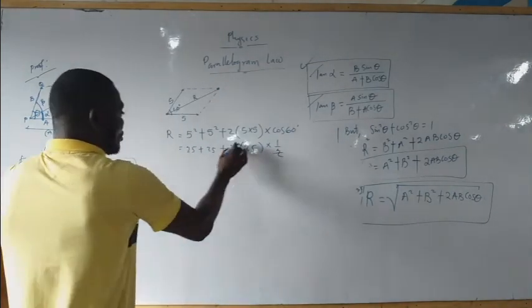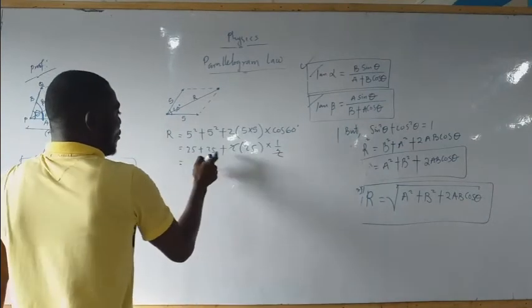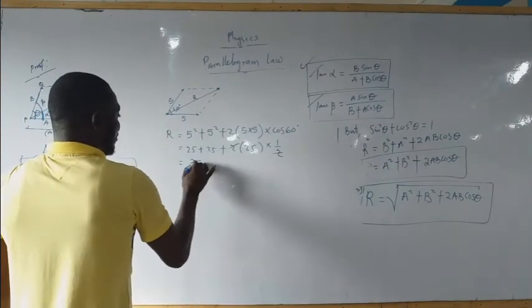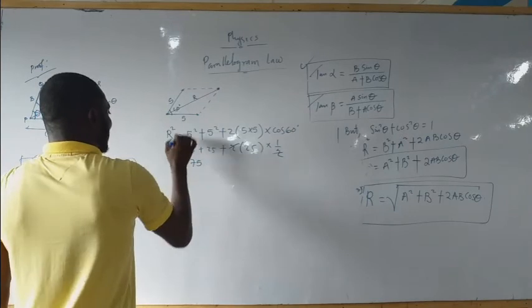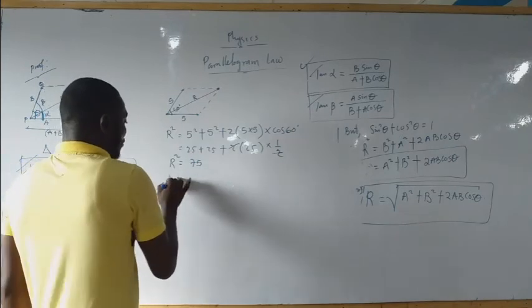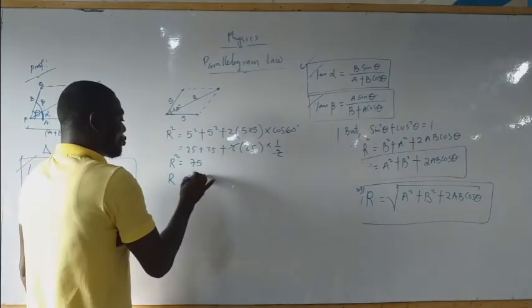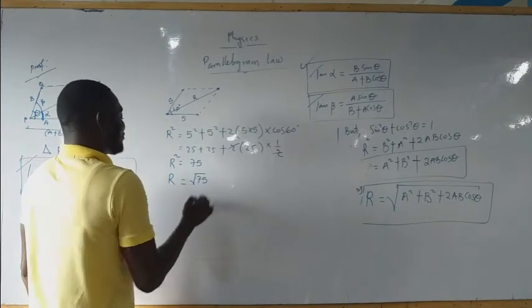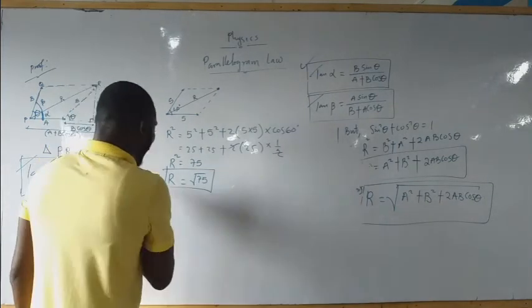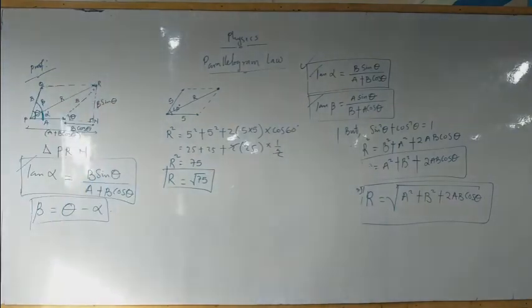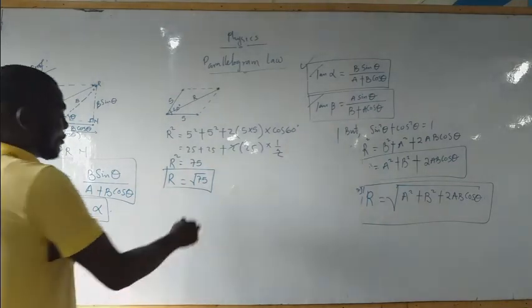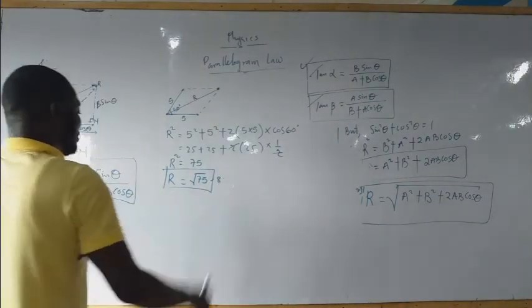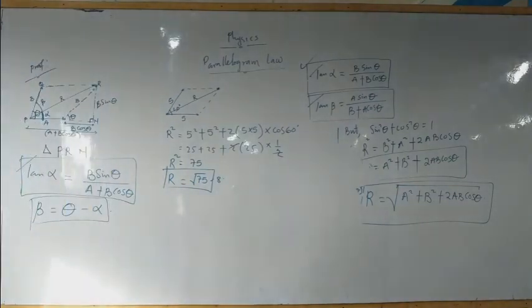The 2 and 2 will go, and everything gives us 75. So R squared equals 75, and R will be root 75, which gives us 8 point something. Let's move to another phase of this.